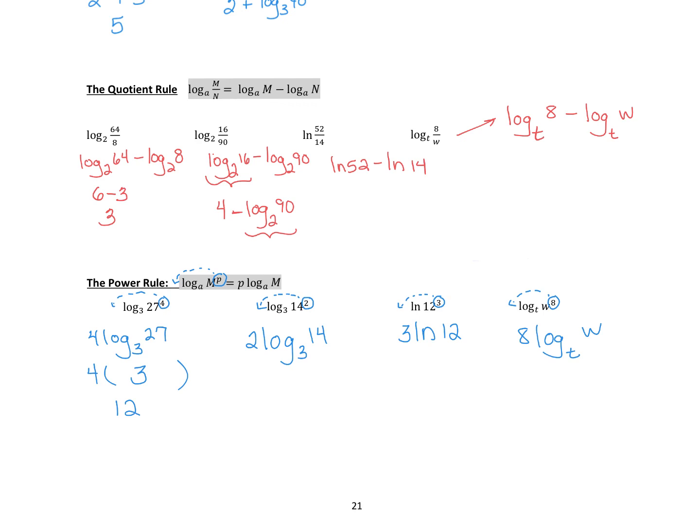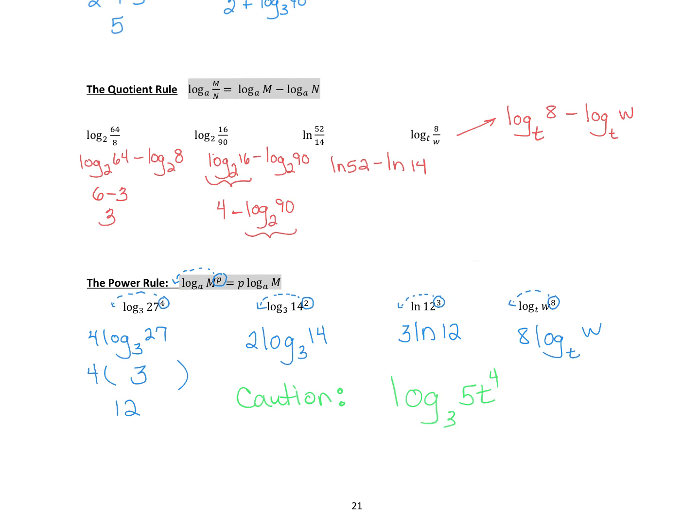Now, just a cautionary tale. Sometimes, if I have the log base 3 of 5t to the 4th, for example, I cannot bring this 4 down in front because it only applies to the t.